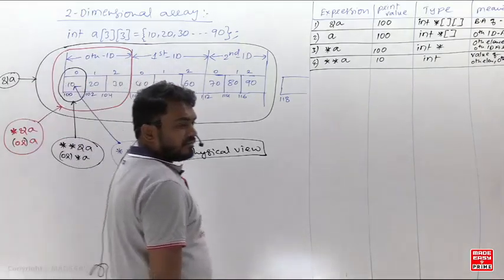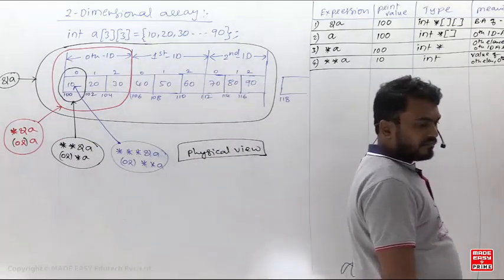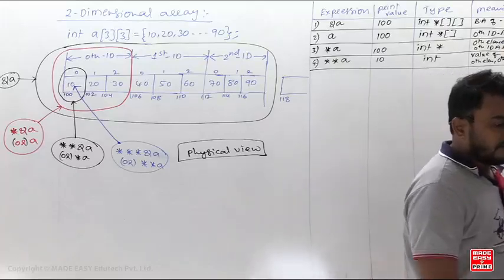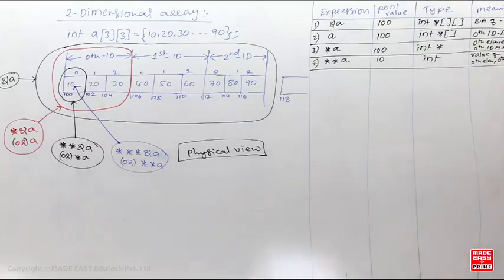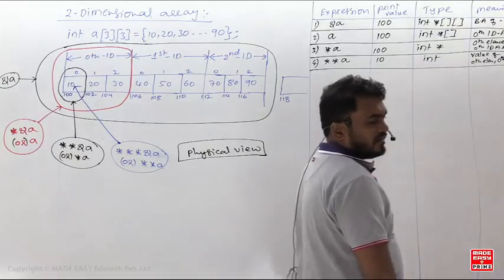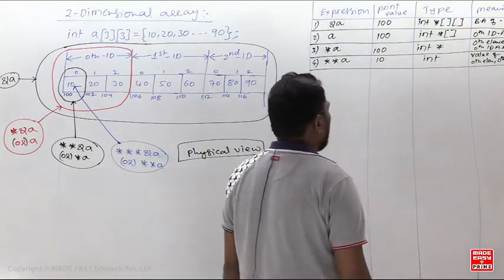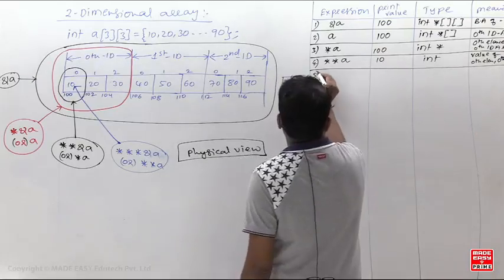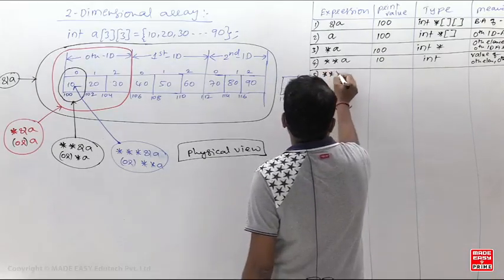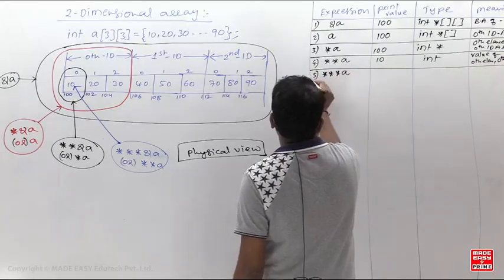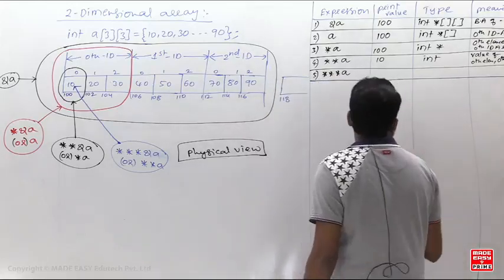Next, now this is the next one. Now tell me, triple star A, if I print this, what will print?